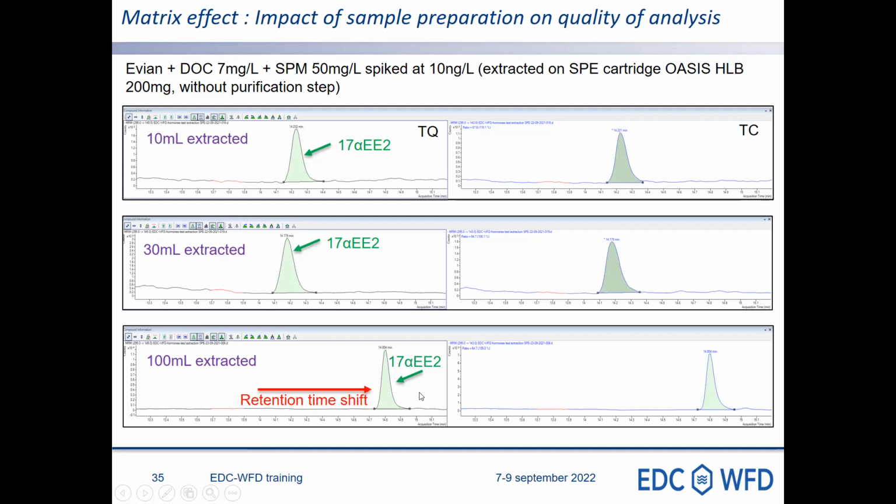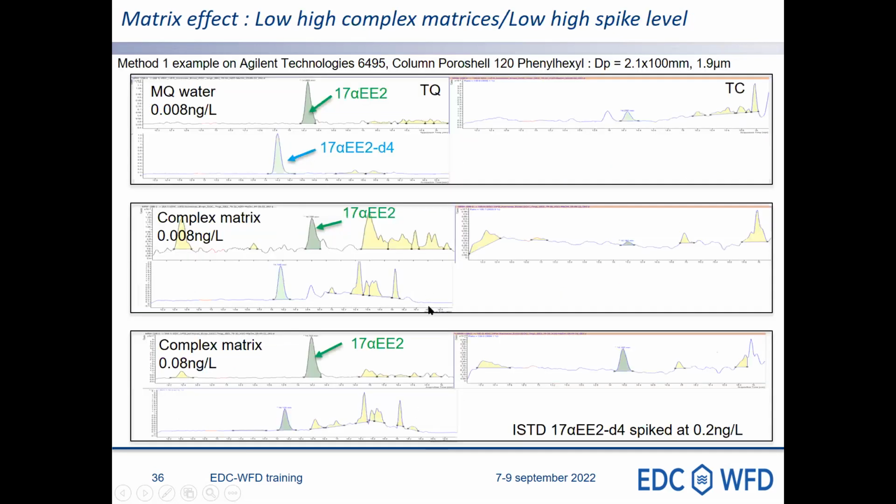And it is also why it is so important, for robust measurement, to introduce isotope dilution in the method. Here, once again, some examples of the influence of the matrix and the importance of having isotope dilution. Here you have a chromatogram of a molecular water sample spiked with a very low level of ethinylestradiol.